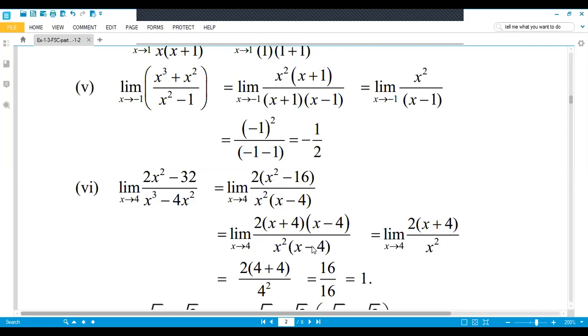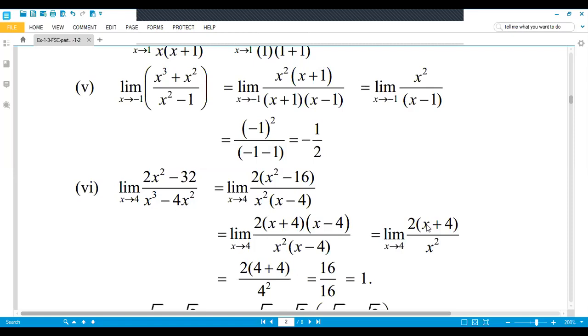So this x minus 4 in the numerator and denominator cancel with each other, and in the numerator you get 2 into x plus 4 and the denominator is x square. Now you apply this limit x approaches to 4. When you apply the limit, then no need to write limit here when you put the value.